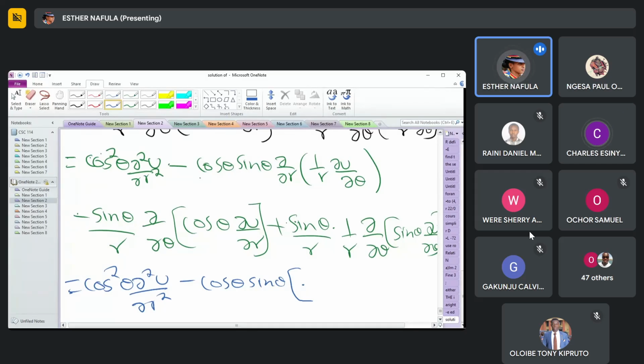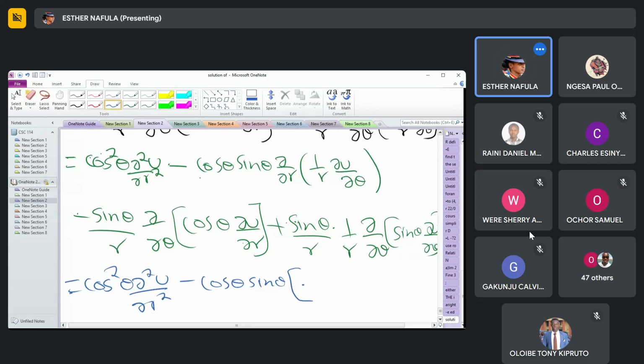So if you differentiate 1 over r partial u partial r with respect to r, differentiate 1 over r holding partial u partial theta constant, plus differentiate partial u partial theta holding 1 over r constant.